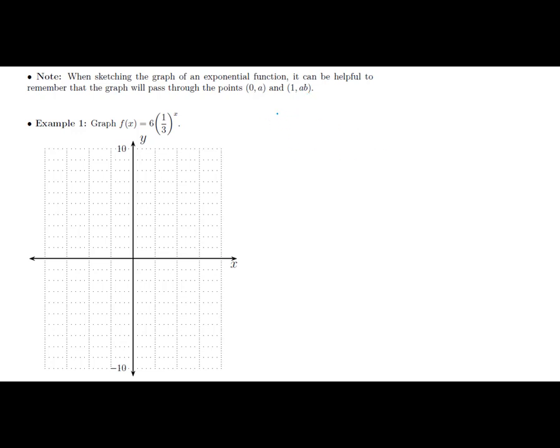And that is because if our function looks like this, then if you plug in 0 for x, you're going to get a times b to the 0, but we know b to the 0 is just 1. So f of 0 equals a. If I say f of 1, then that's going to be a times b to the 1, which is just ab. And so that's where those 2 points are coming from.